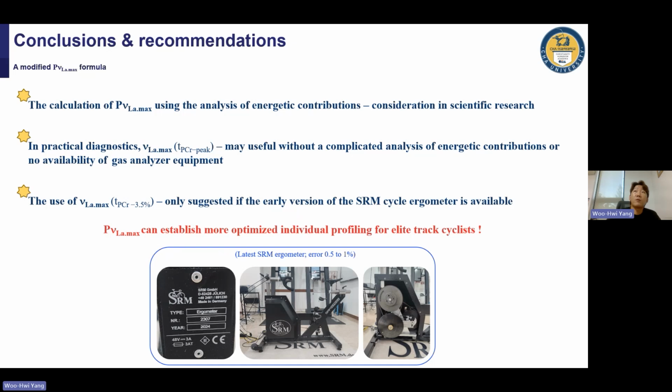In practical diagnostics, the calculation of PvLa.max peak may be useful without a complicated analysis of energetic contributions, or if gas analyzer equipment is not available. Otherwise, we only recommend the PvLa.max 3.5 calculation if the early version of the SRM bicycle ergometer or other bicycle ergometer is available to perform the sprint test.